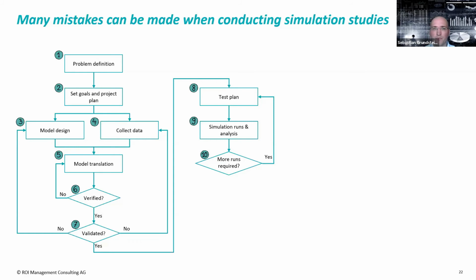If it's significant from a statistical perspective, fine. If not, you have to either change the test plan or do more simulation runs. Then it's the final documentation and reporting, and handing it over to you. This is how a project usually goes, sometimes with more, sometimes with fewer iterations.